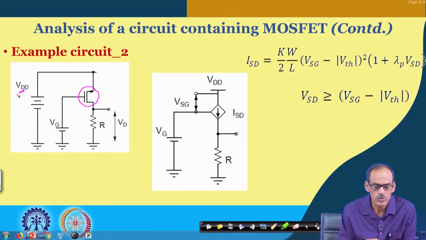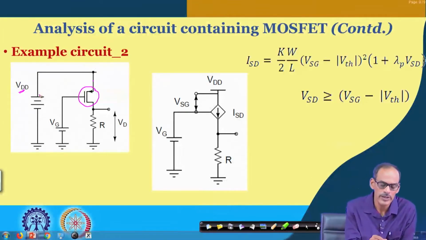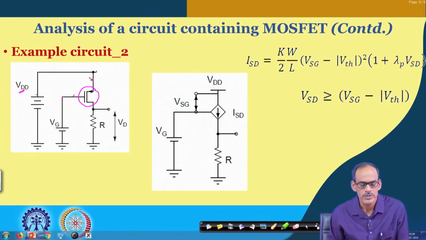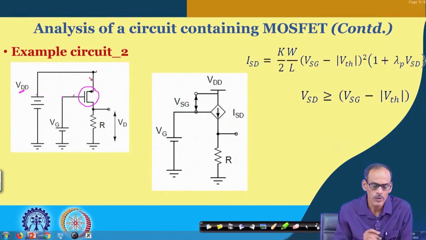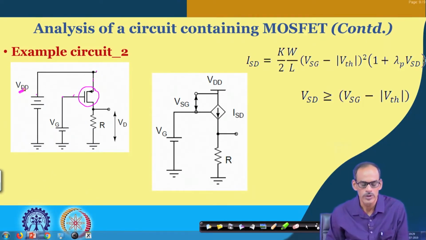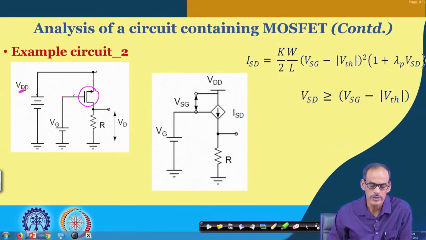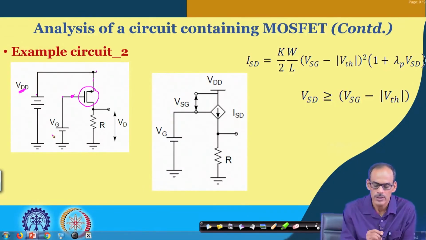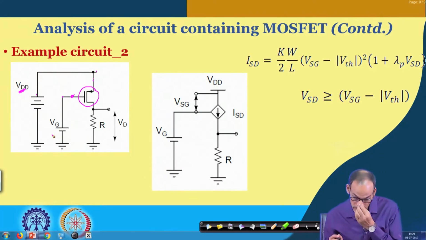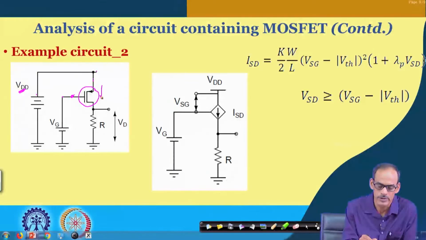In fact, it need not be called VDD, whatever name you give does not matter as long as this is at high potential, at least compared to the gate, and creates a sufficiently high voltage drop here so that the device is on. Just for consistency, we are naming this one VDD. So, you may not be sidetracked by that. Once we apply the voltage at the gate by the other source, how do you find the corresponding current through this device?